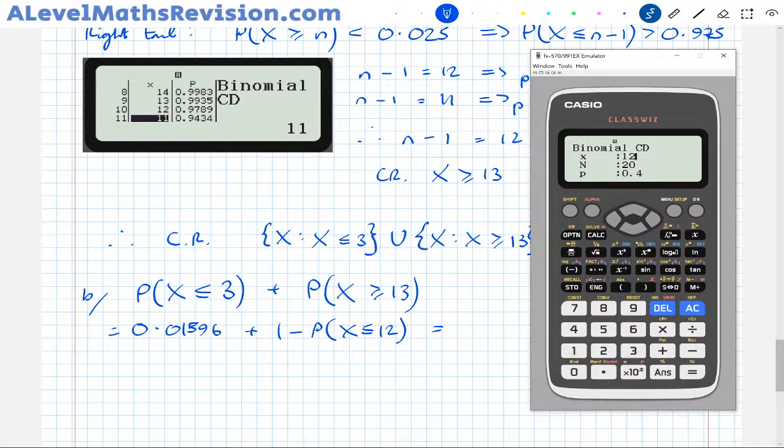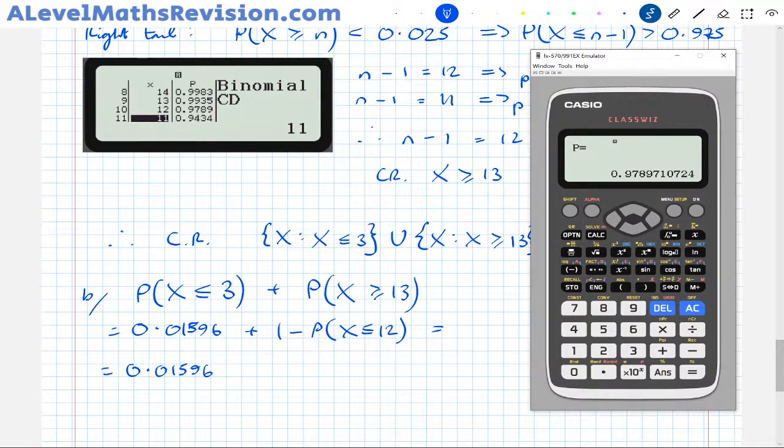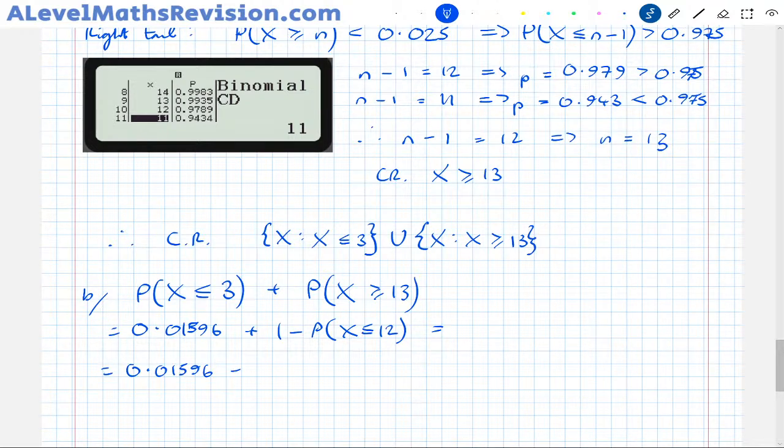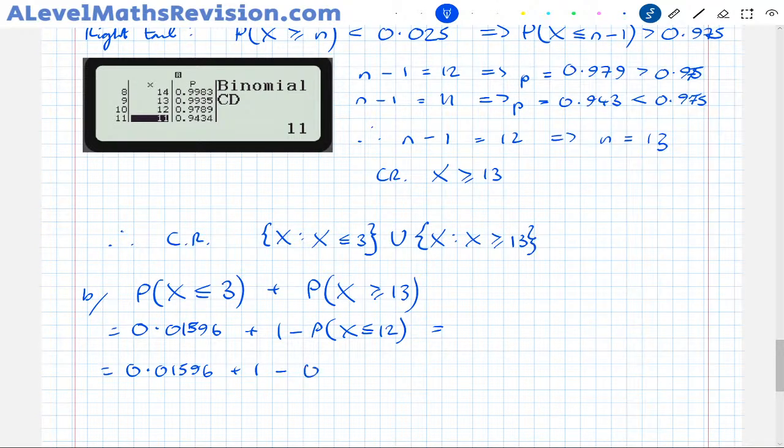So less than or equal to 12. So equals 0.01596 plus 1 minus that, 0.9790.